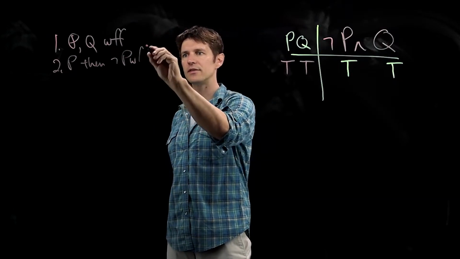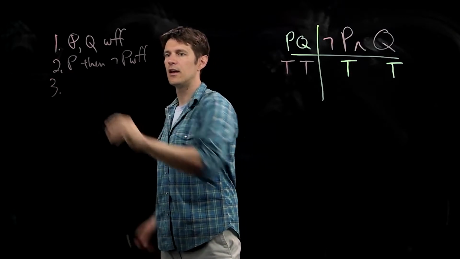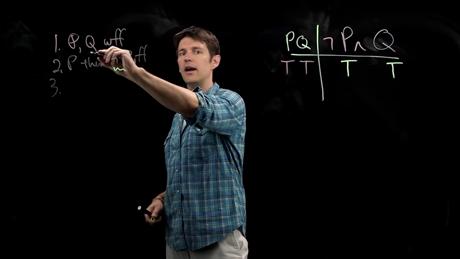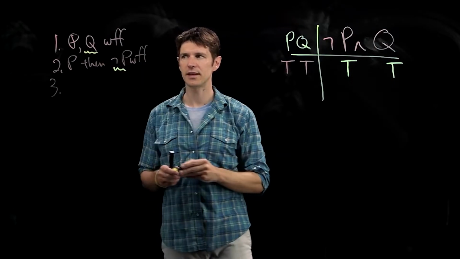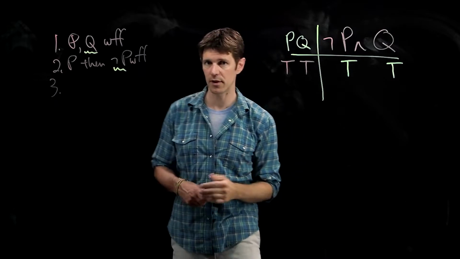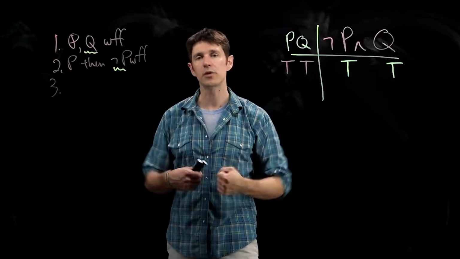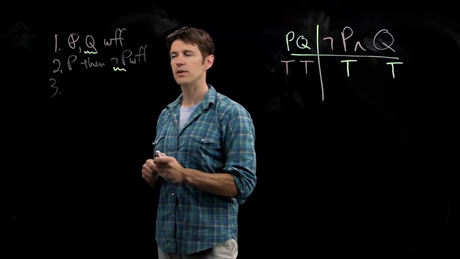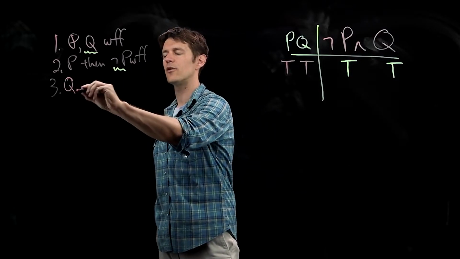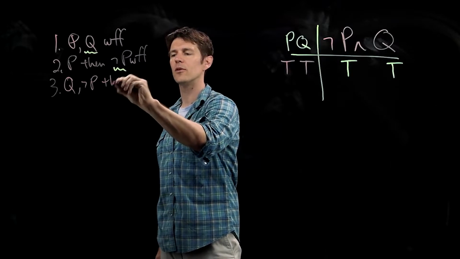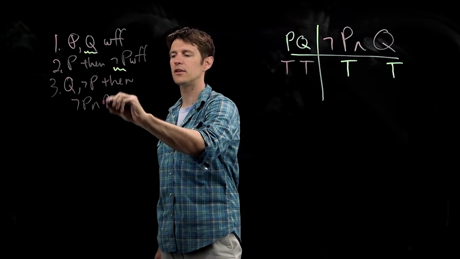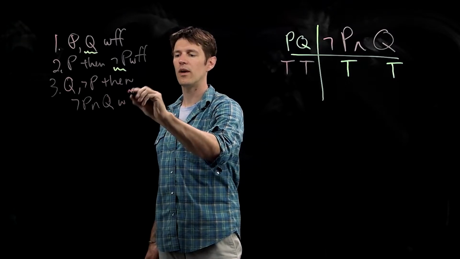And then our final step would be to take not P right here, and Q, and say, since we've established they're both formulas, we can put them together and put the sign for conjunction between them. So since Q is a well-formed formula and not P is a well-formed formula, it would follow that not P and Q is a well-formed formula.